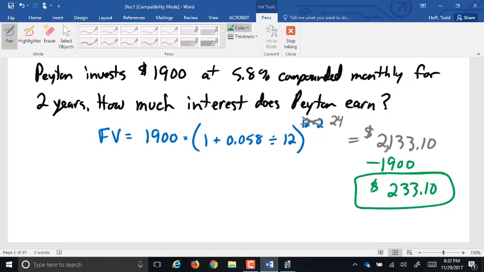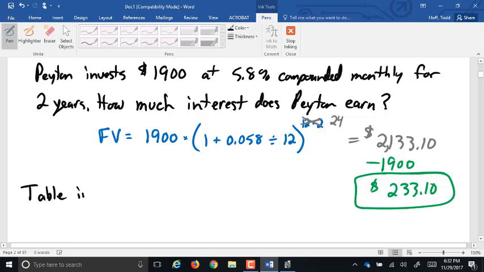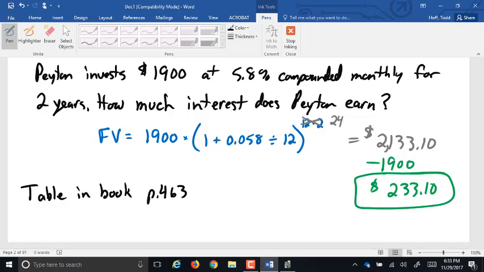Okay, well, there is a happy little table in the book, which I believe is on page 463. Got to make sure I've got the right page for the new edition of the book.